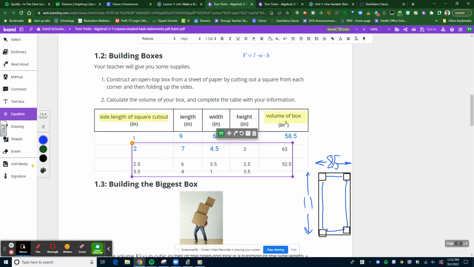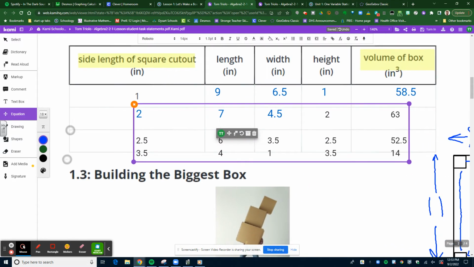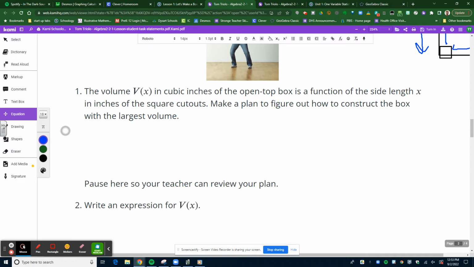And then the last one, 4 times 3.5? 14? Really small. Because the box is going to be very tall and thin. So now we're going to put these numbers in. 2, 63, 2.5, 52.5, and 3.5, comma 14.